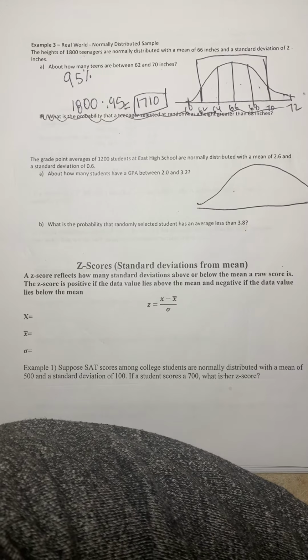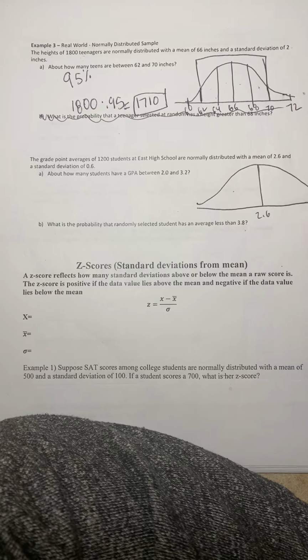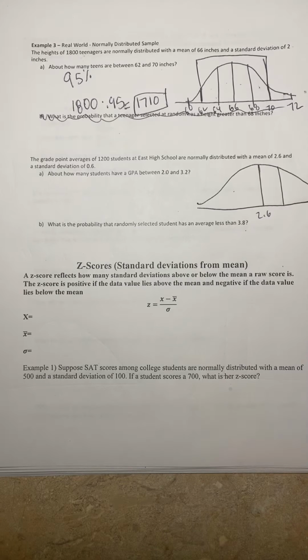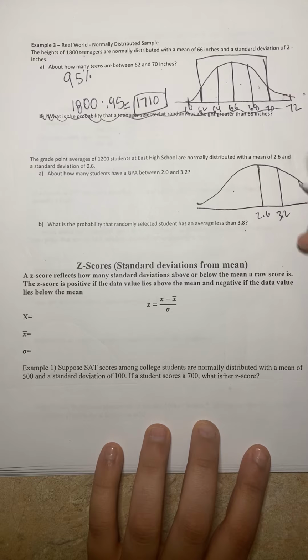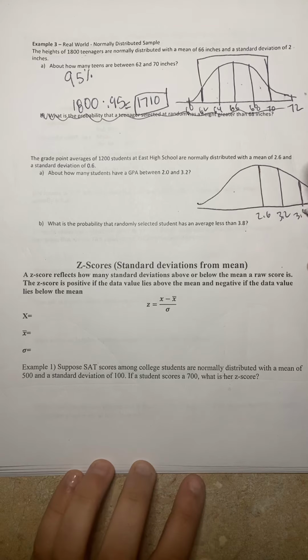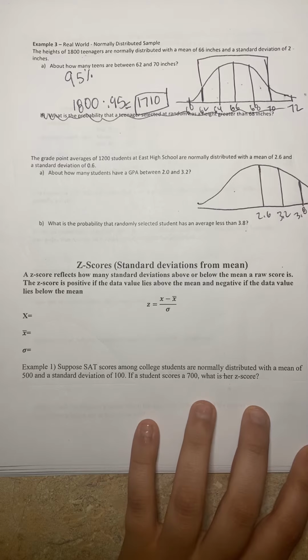Okay. And so we have our mean is 2.6 and our standard deviation is 0.6. So 2.6 plus 0.6 gives me 3.2, I believe. Yep, 3.2 plus another 0.6 gives me 3.8 plus another 0.6 would give me 4.4.